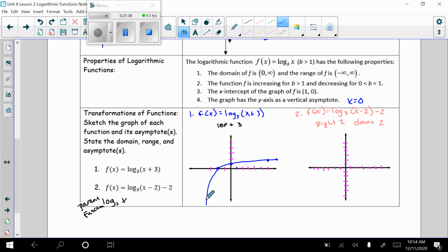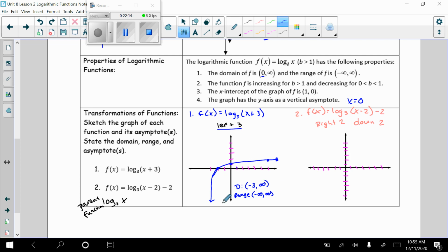So this looks like this. Here with a domain, this time we've shifted left 3, right? So our domain started at 0. So now it goes from negative 3 to infinity. Our range is still negative infinity to positive infinity.